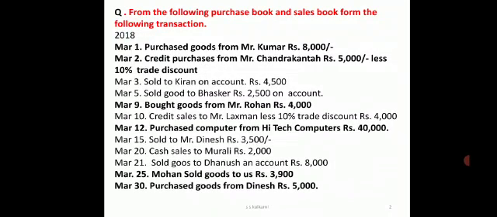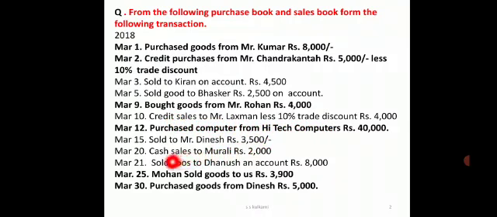Now in this particular, if we see, there are certain transactions which are given in bold, darkened. The reason why I have darkened is that they are relating to purchases. For example, on first you can see purchased goods from Kumar, second credit purchases from Chandrakant, then on 9th bought goods from Mr. Rohan, on 12th purchase of computer.